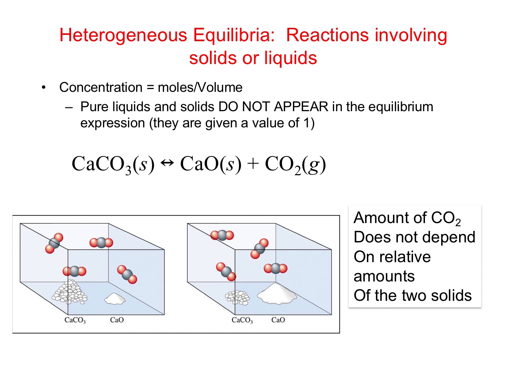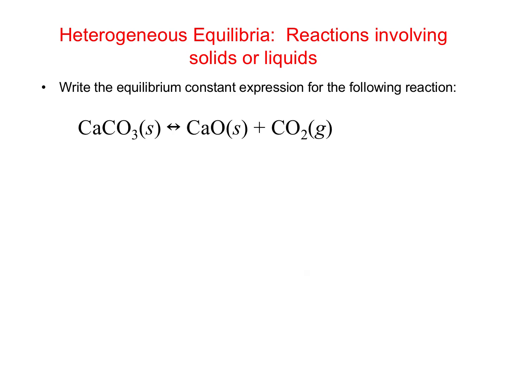So in this example, for this reaction where I'm converting calcium carbonate into calcium oxide and carbon dioxide, the amount of carbon dioxide doesn't depend on the piles of the calcium carbonate and the calcium oxide that are present. As long as we have some of each one, the equilibrium doesn't depend on them. In this case, it would only depend on the gas, because solids would not appear in our equilibrium constant expression.